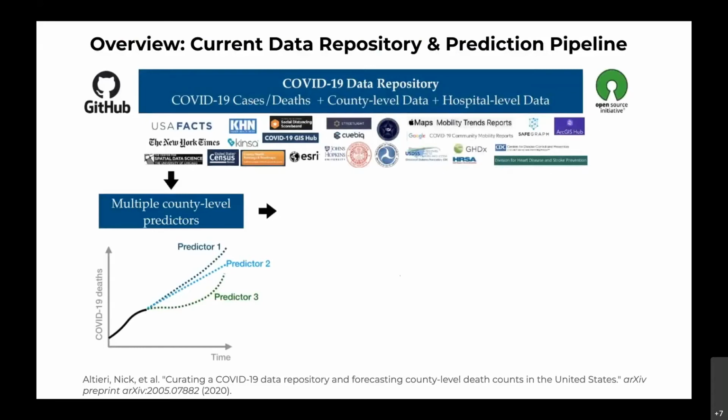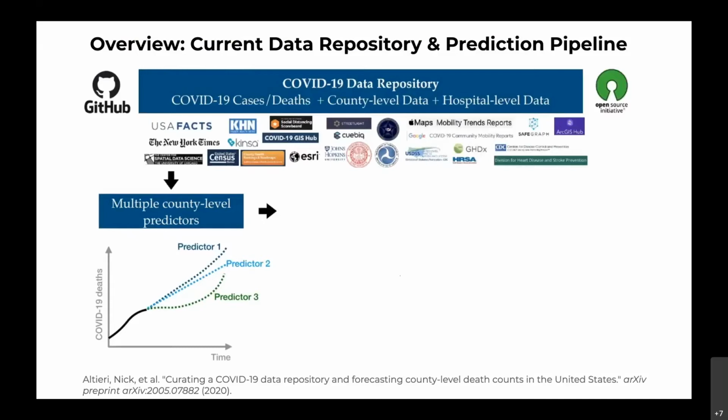And we eventually developed a model which was an ensemble of fairly simple linear and exponential fits, by which I mean, let's look at the COVID-19 deaths over time, fit a simple linear model and a simple exponential model and a few others, and then combine them using adaptive weights. In particular, we're going to give higher weights to the models with better historical performance, and lower weights to the models with worse historical performance, and then just average them in this way.